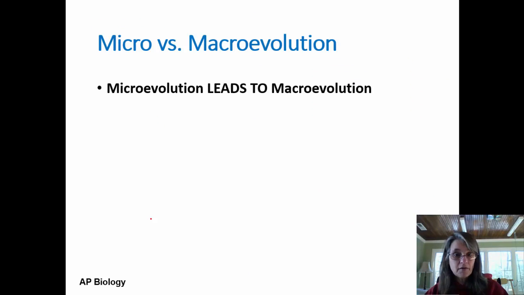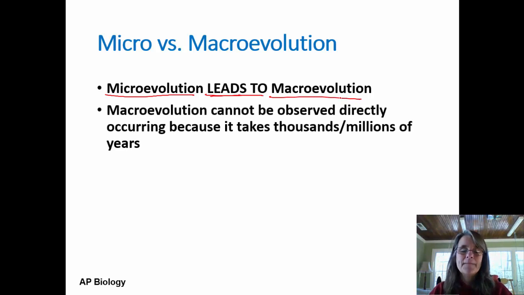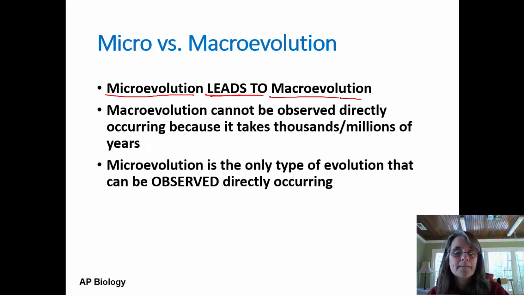Okay, so micro versus macroevolution. Microevolution leads to macroevolution. Macroevolution really can't be observed directly occurring in most cases as we think of it, because it takes thousands, perhaps millions of years. Microevolution, however, is different, and it can be observed directly occurring.